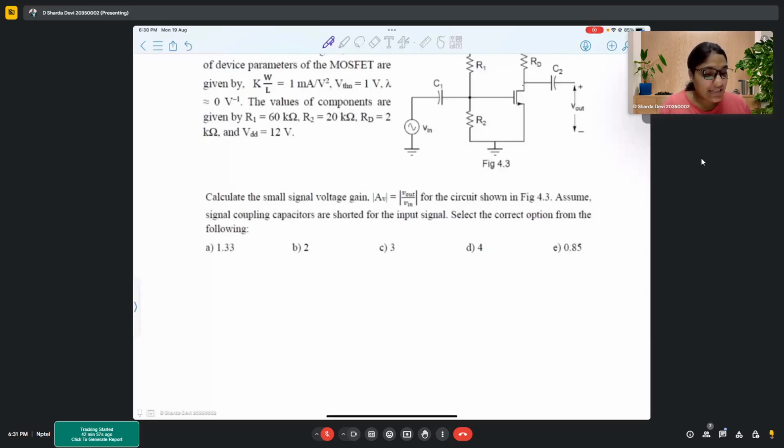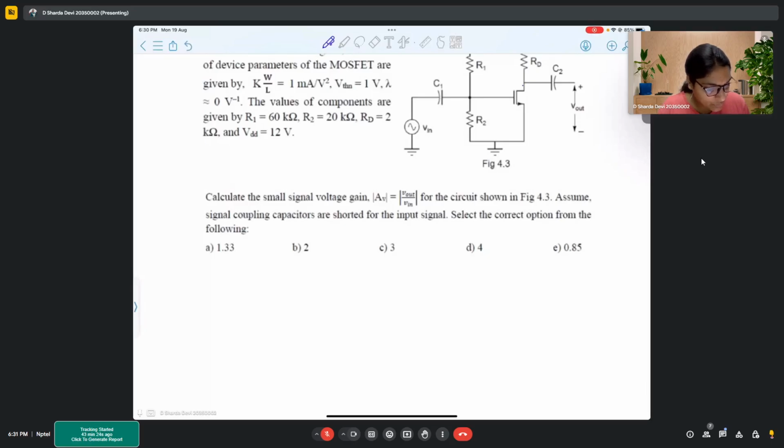Yeah, nice. So in this particular problem, what type of MOSFET is this? And what is the configuration of the amplifier? Ma'am, it is an NMOS and common source. Yes, again NMOS with CS amplifier. So in this particular problem, again KW by L is given as 1 milliampere per volt square.